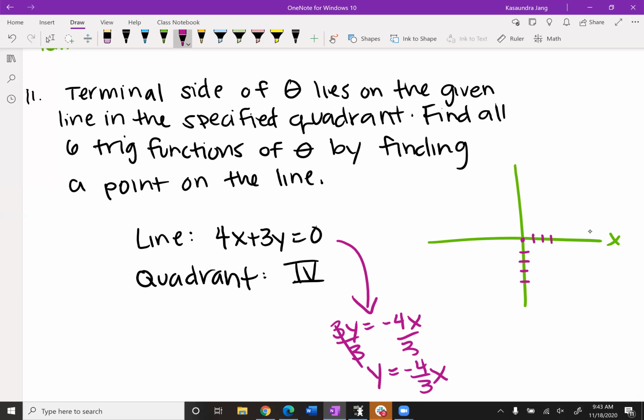So here's this line that we're supposed to terminate on. Starting on my positive x-axis, also it says quadrant 4. Notice that this line goes through quadrant 2 and quadrant 4. I need to rotate all the way around to quadrant 4. That's where I'm going to end.